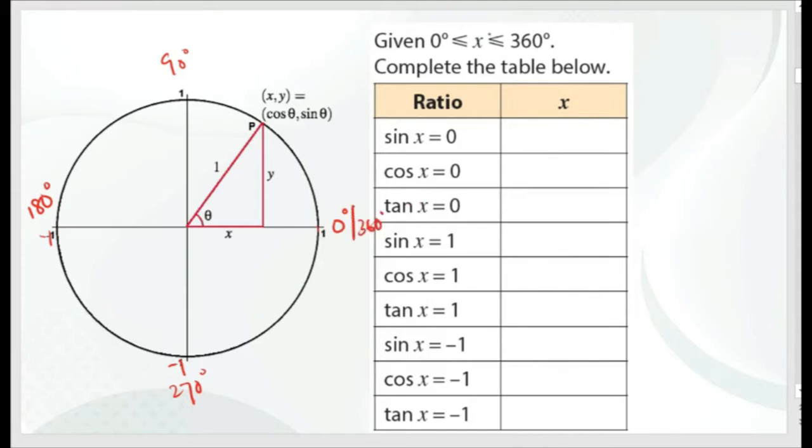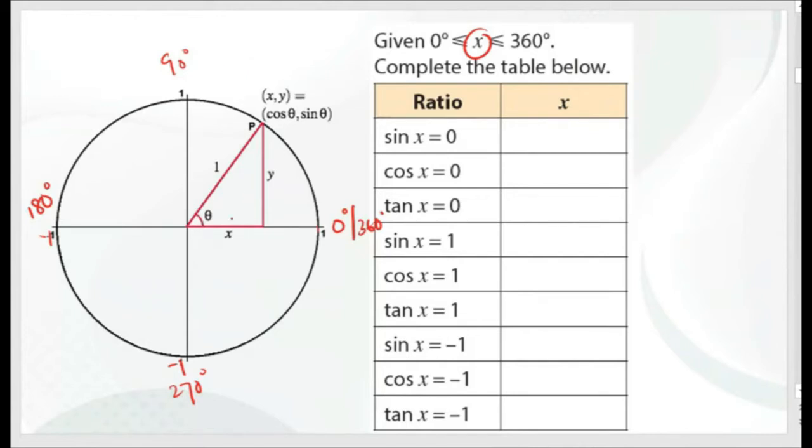So we are going to find the value for x in between 0 to 360. So the first one, when sine x equal to 0, what is the angle when sine x equal to 0? How are we going to do this? By using the unit circle.